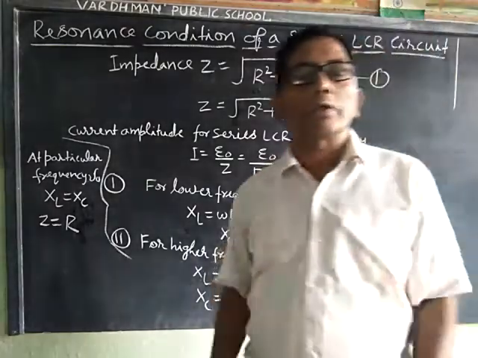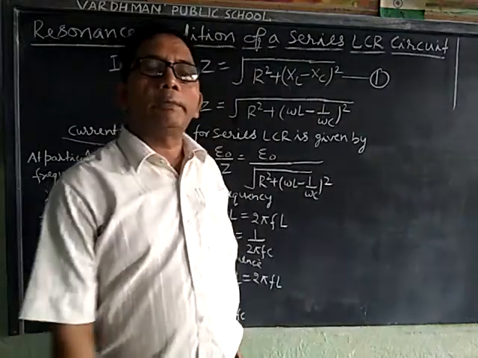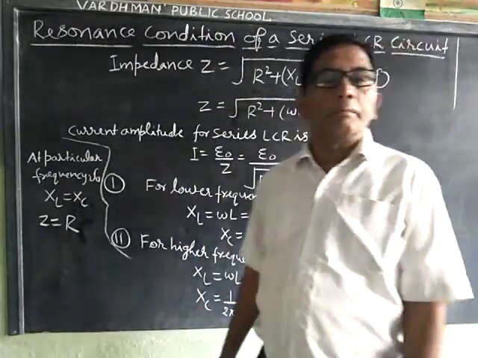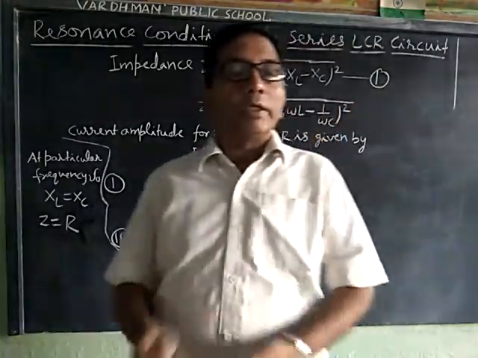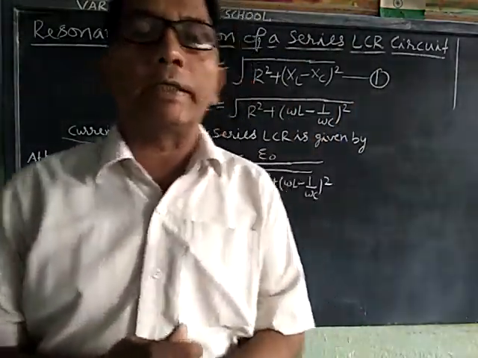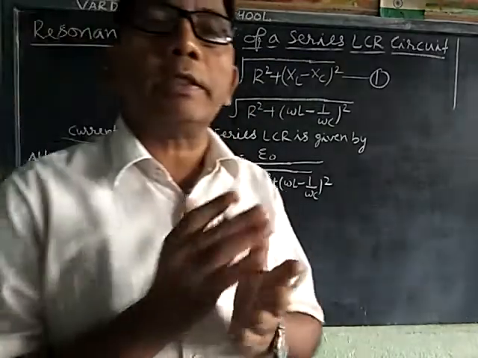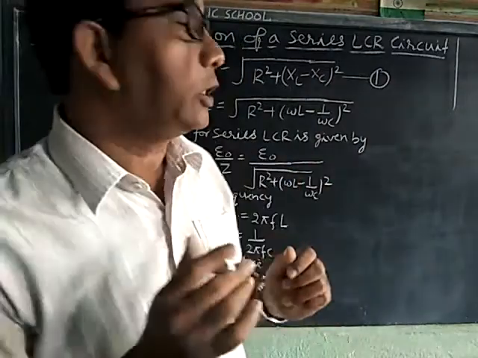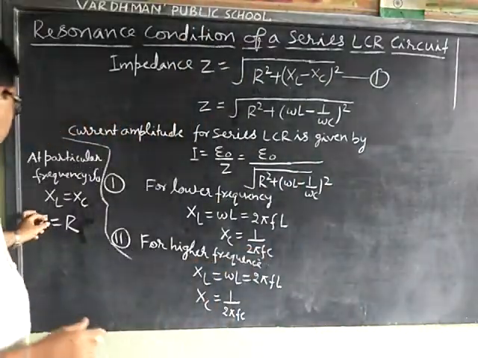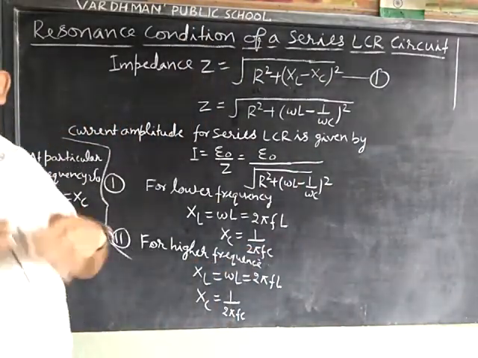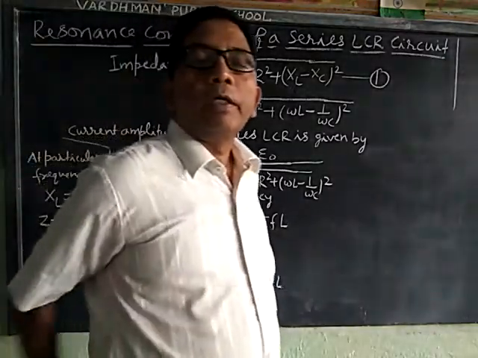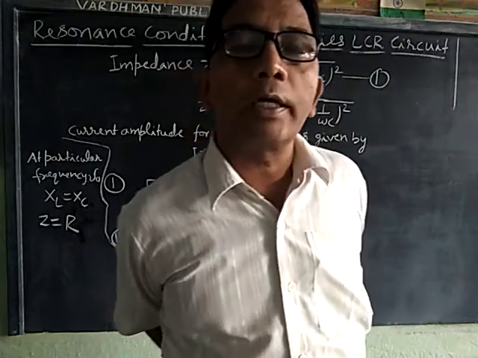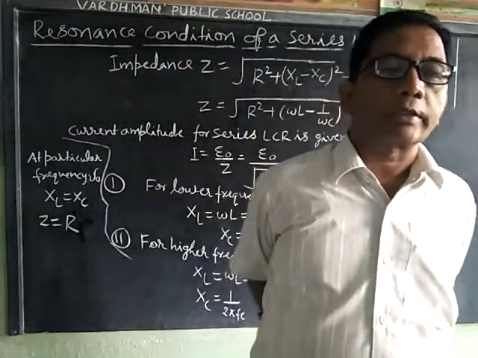The particular frequency nu zero at which impedance becomes minimum and current becomes maximum is called resonant frequency, and this phenomenon is known as electrical resonance.